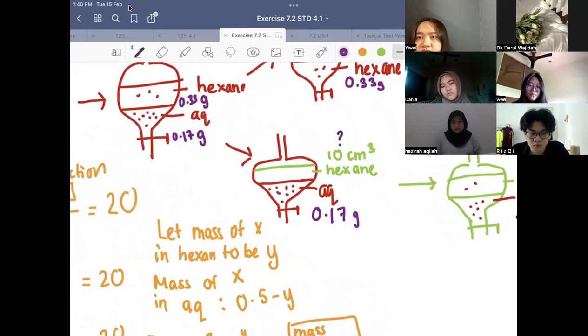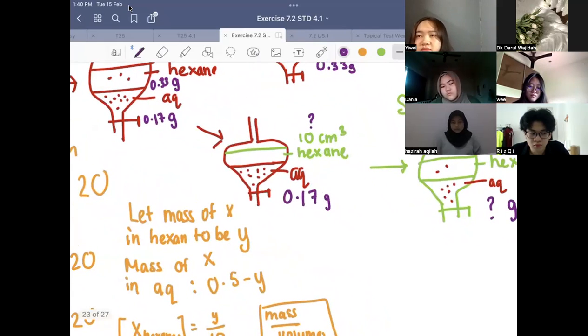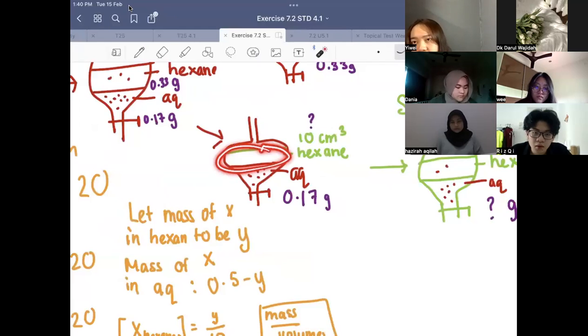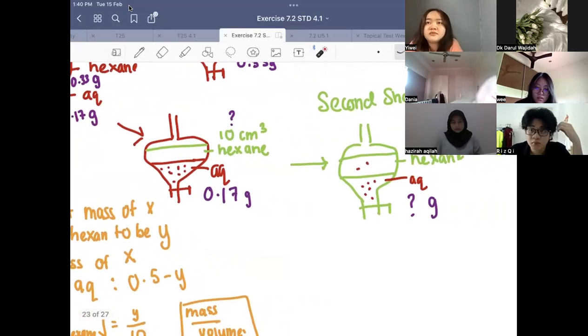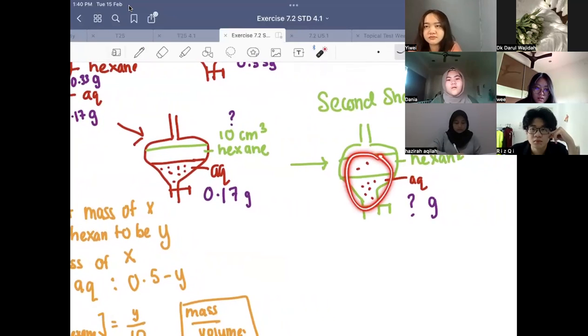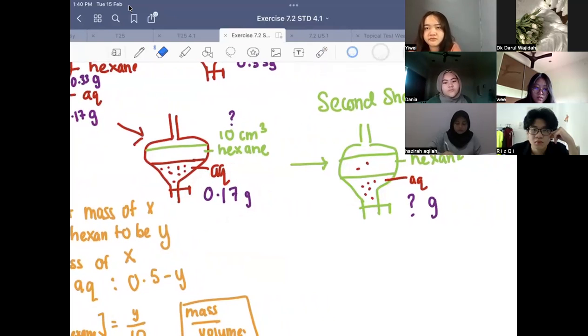We're going to use a fresh sample, which initially will not have any solute X in this layer. Then you do the second shaking, and only then do you see some of the solute molecules moving to that layer. And again, I know the initial, sorry, this is not a question mark, this is just 0.